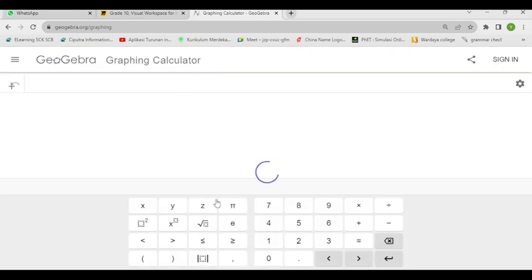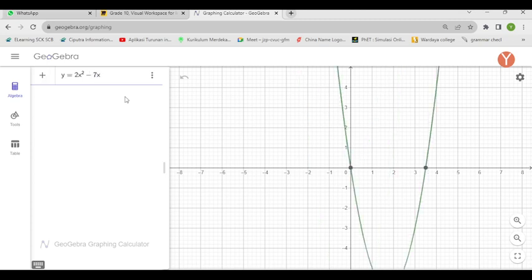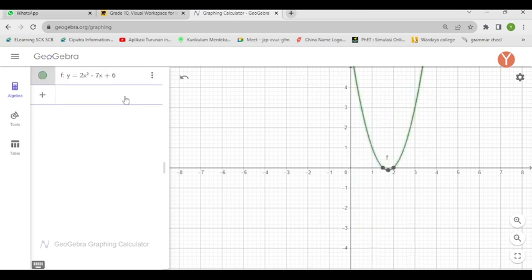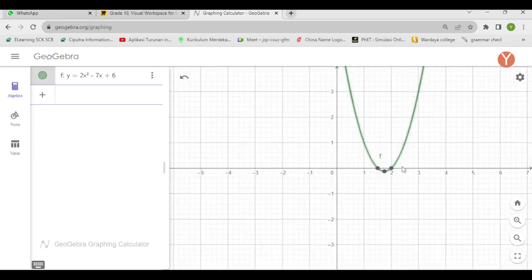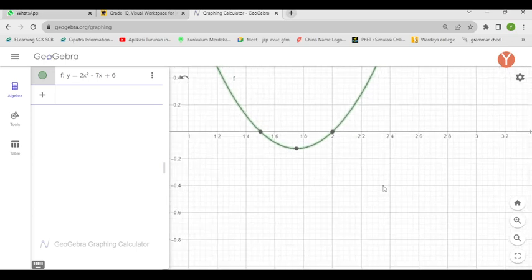Okay, here we go. The GeoGebra. I will start to rewrite the function. Y is 2x squared minus 7x plus 6. Here we go. We have 3 points already pinned here.